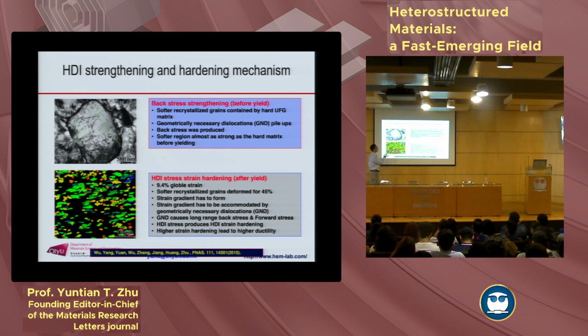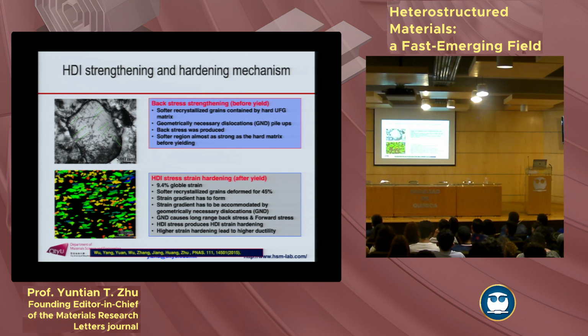This plastic strain is like 45%. Okay, total 9.5%, those are 45%. You can think about the hard matrix deformed much lower than 9.5%. So at the interface, if the interface is not fitting, you should have the same strain, which means if this has the same strain, this has much higher strain, you've got to have a strain gradient.